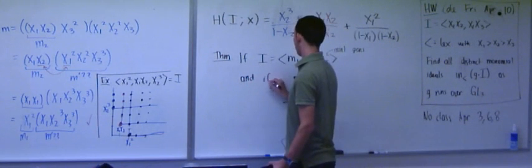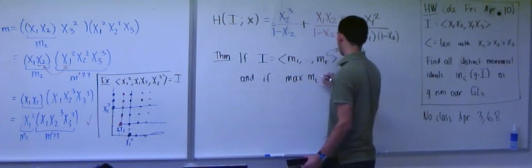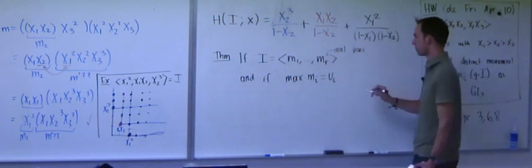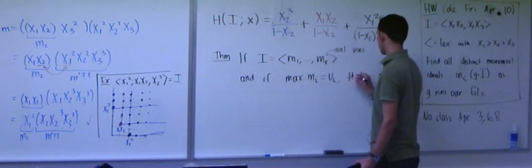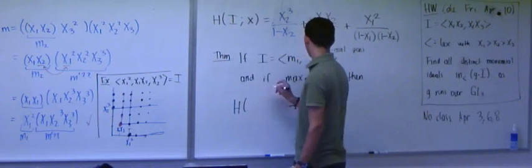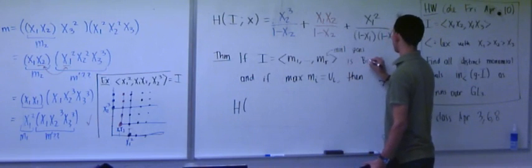and if the maximum variable occurring in Mi is, we'll call it, Ui, then the Hilbert series of my, oh, so I should say this is Borel-fixed, right?